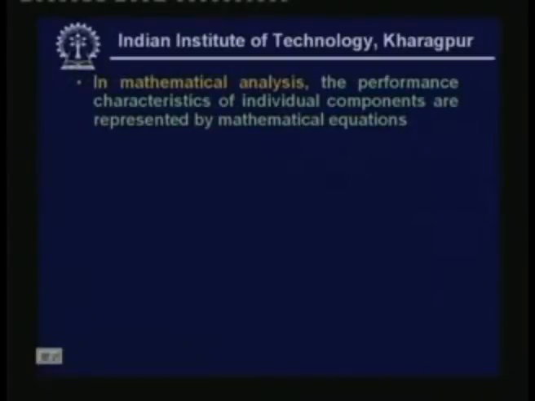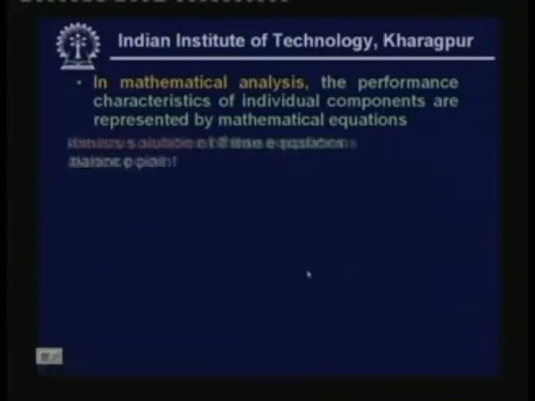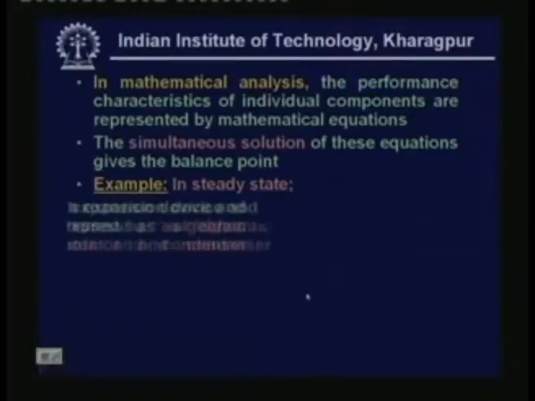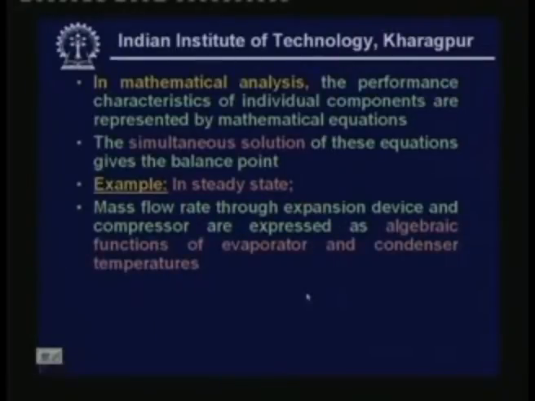Now in mathematical analysis, the performance characteristics of individual components are represented by mathematical equations. So as the name implies, you have equations for individual components, and the simultaneous solution of these equations gives the balance point. For example, in steady state, mass flow rate through expansion device and compressor are expressed as algebraic functions of evaporator and condenser temperatures.